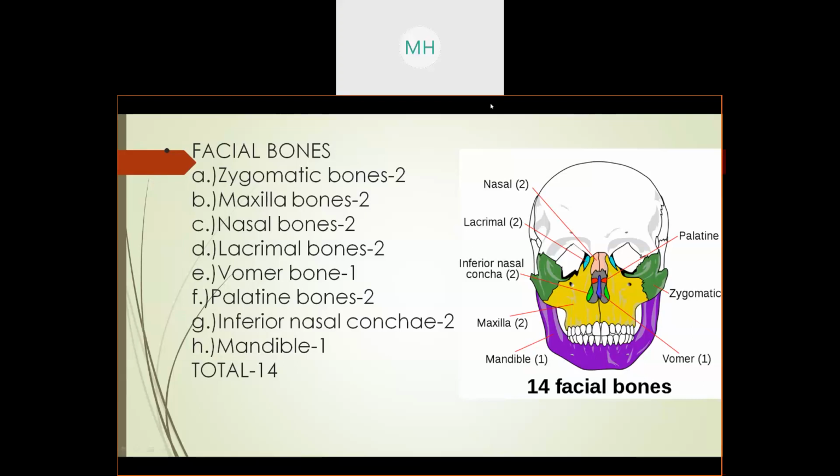Farisha Sultana? It is bone, maxilla bone, nasal bone, lacrimal bone. Okay, I'll ask one by one. Okay, ma'am. Abu Bakar. Abu Bakar, can you hear me?